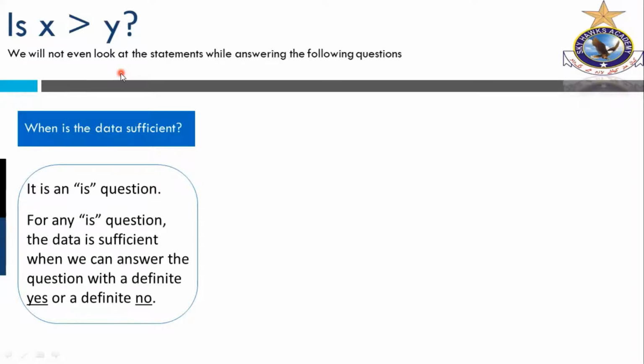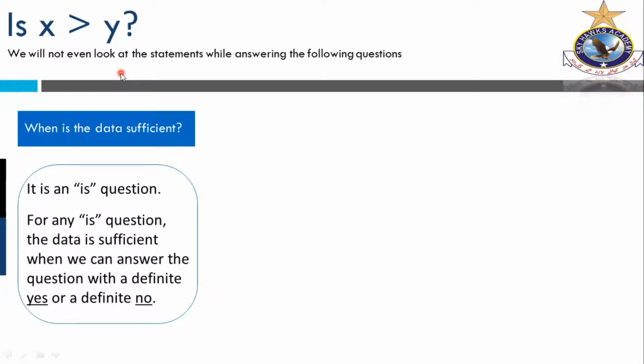No explanation, no sentence, no detail, but the simple answer is that we should say either yes or no in response. If I ask whether x is greater than y, you can say yes, or you can also say no, because these are two numbers.